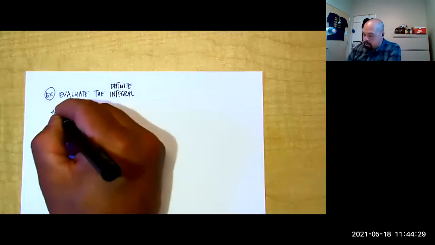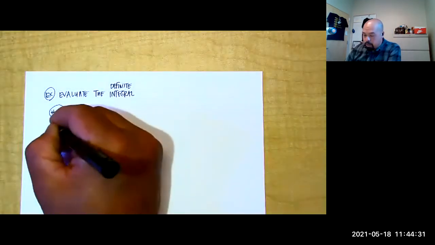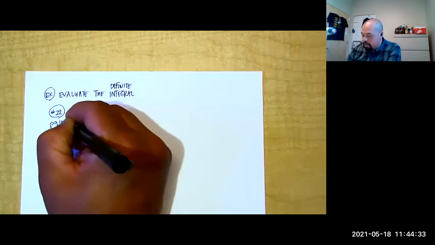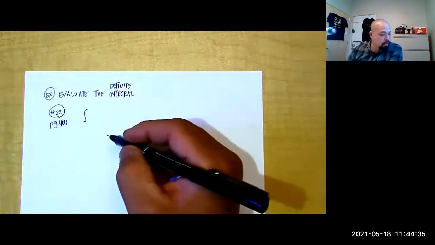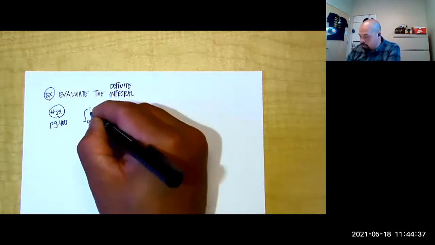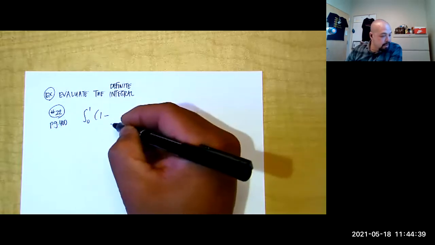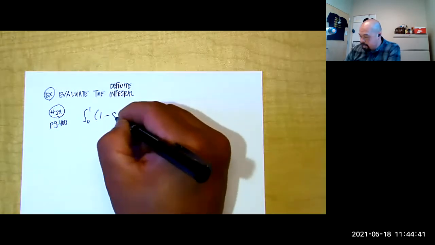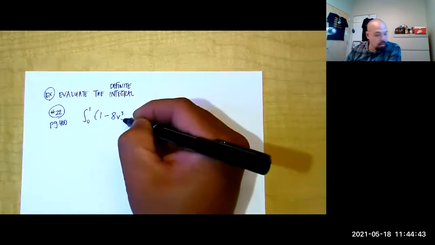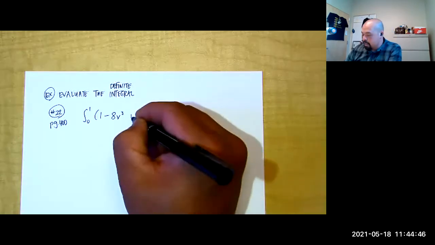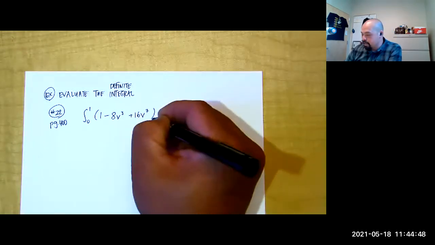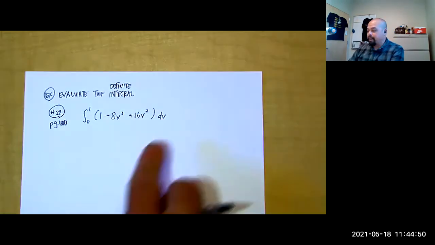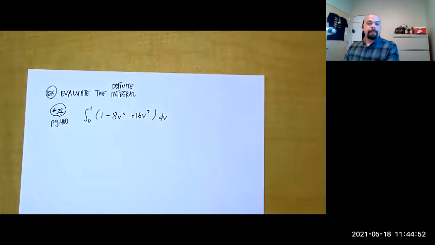And let's just borrow the problem number 22 on page 400, the integral from 0 to 1 of 1 minus 8, and they use the variable v cubed plus 16 v to the 7th dv, right? That variable should match our variable of integration.